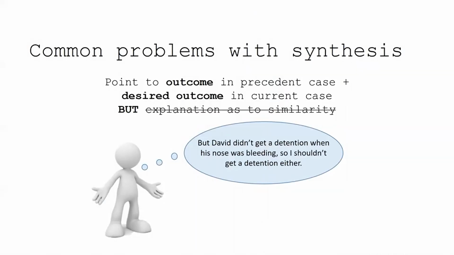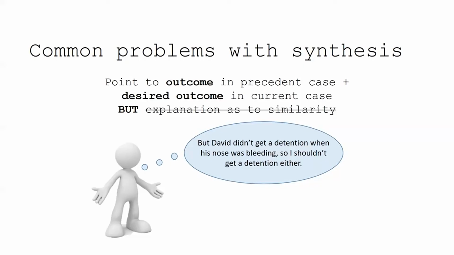Okay, so when students are making an argument, and frankly attorneys, what are some common problems with those arguments, with the rule synthesis? Often, particularly new students, point to the outcome in the precedent case and the desired outcome in the current case, but fail to connect the two. The student will not explain the similarity between the precedent case and the current case.